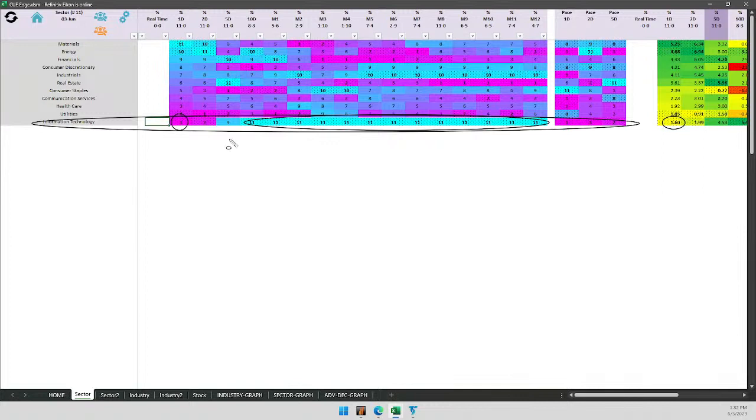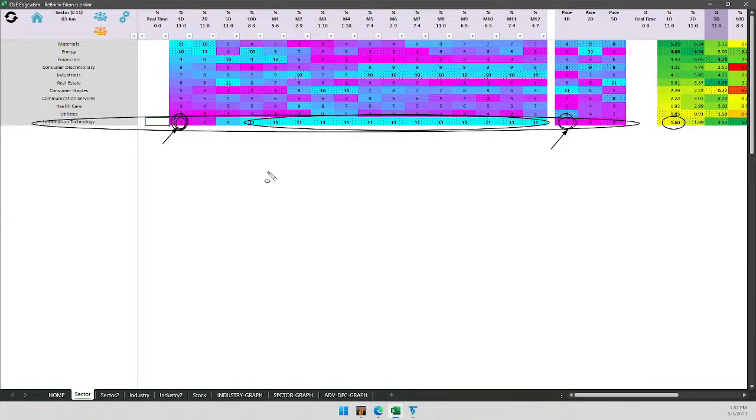Yes, it is up, but relatively it is the worst performing sector now. And I can see even in terms of pace, it is the worst performing. So the view that I had looking at QQQ, that I may avoid buying QQQ now, is further strengthened by the relative weakness, the weakest score, weakest pace of Infotech sector.